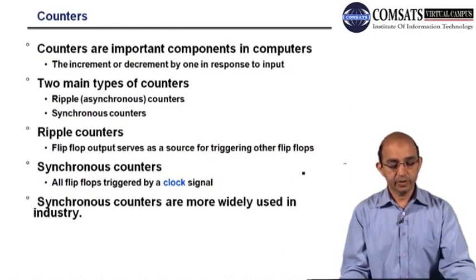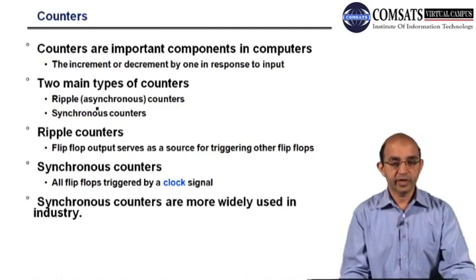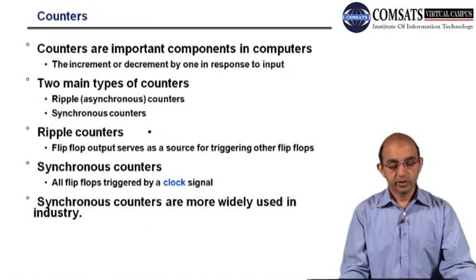In a ripple counter, we provide the clock at the first flip-flop, and the rest of the flip-flops get their clock from the output of the previous flip-flop. And in synchronous counters, all the flip-flops utilize the same clock. So these are the two main types of counters.